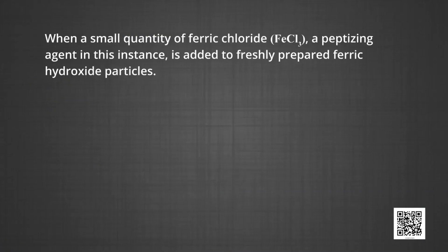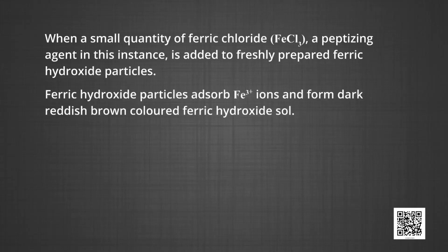When a small quantity of ferric chloride, that is the peptizing agent in this instance, is added to freshly prepared ferric hydroxide particles, the ferric hydroxide particles absorb Fe3+ ions and form a dark reddish brown colored ferric hydroxide sol.